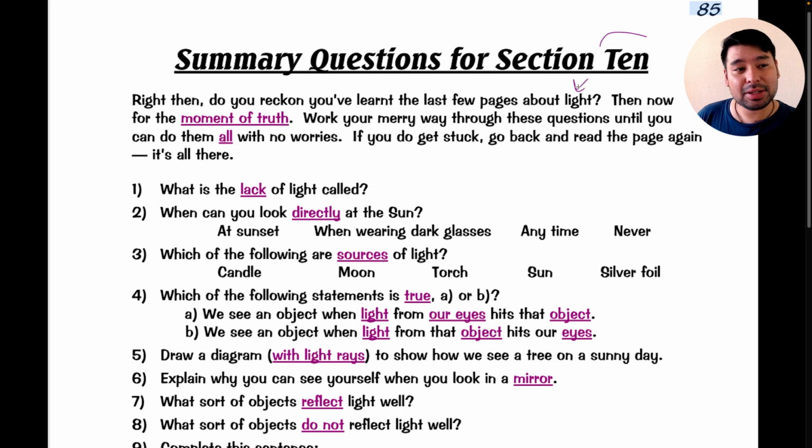If you do get stuck, go back and read the page again. It's all there. Of course, all the answers are going to be on the previous pages. If you don't remember anything, just go back. So work your merry way, I mean, your happy way. This is the meaning of what he meant by putting merry. And let's do it.